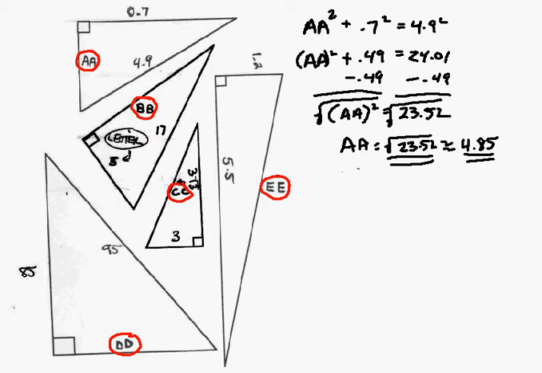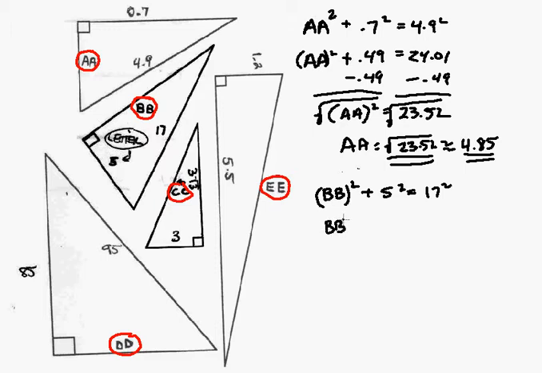So BB, 5 and 17, I'm not seeing any relationship there, so this side squared plus 5 squared equals 17 squared.